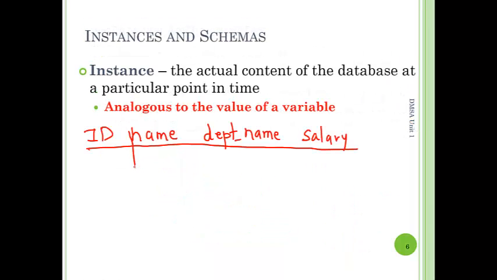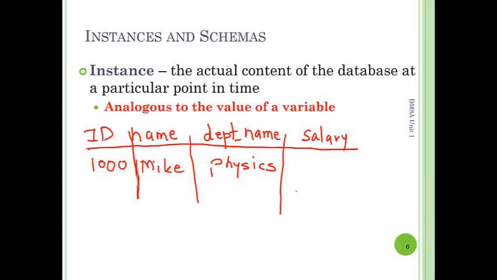instructor gets identified. So ID, he may have employee ID 100, his name may be Mike, his department may be physics, and his salary may be 8 digits. So his salary may be 60,000, and we have taken 2 as the decimal places.